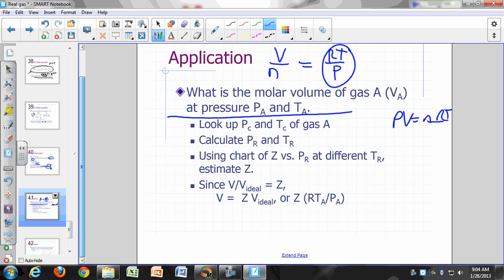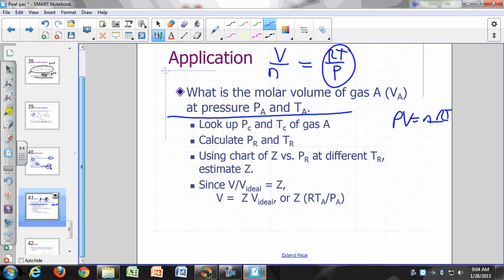In general, the number you get there is not going to be correct, especially when you're dealing with very high pressures. If you have, for example, a tank of helium or a tank of argon at very high pressure, this formula is not going to work. So what would you need to do to answer this question?